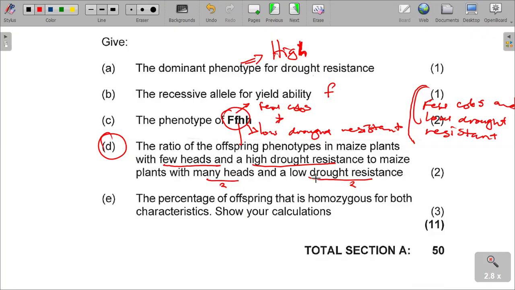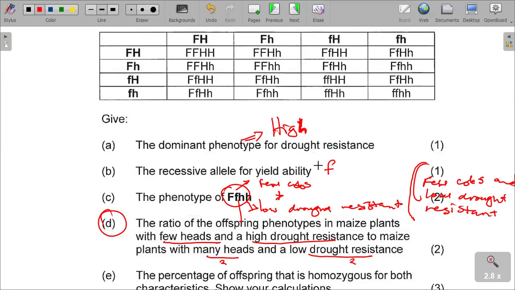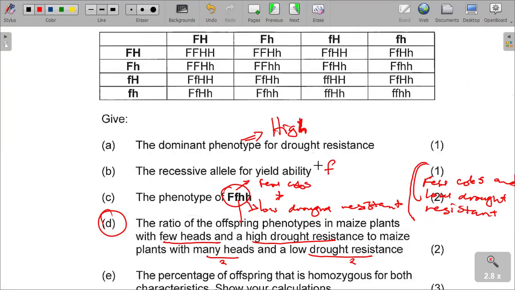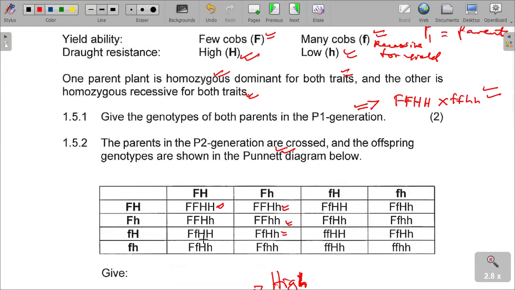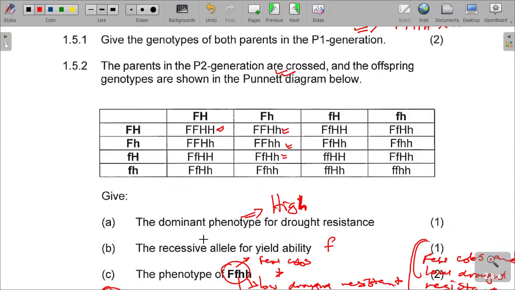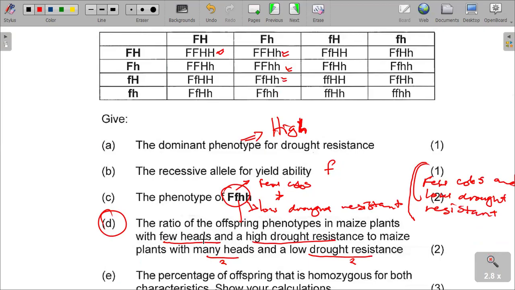So what is happening here is that we can interpret our Punnett square. This answer is given by knowing all the meanings of these possible outcomes. You interpret each of the possible outcomes here, and then you see how many of them are few heads and high drought resistant.